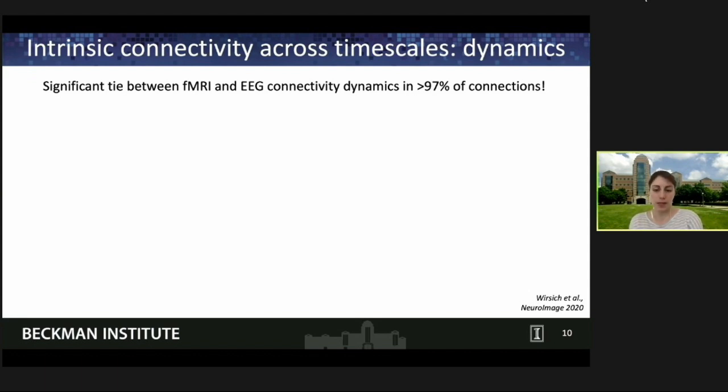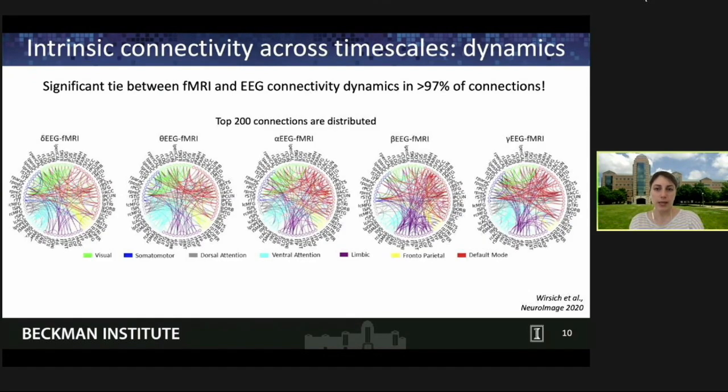So this is in resting state data. And I'm here just showing the top 200 connections with the strongest tie between EEG and fMRI. The point I want to draw from this figure is simply that regardless of what EEG frequency you're using, the relationship between EEG and fMRI is spatially very, very distributed.